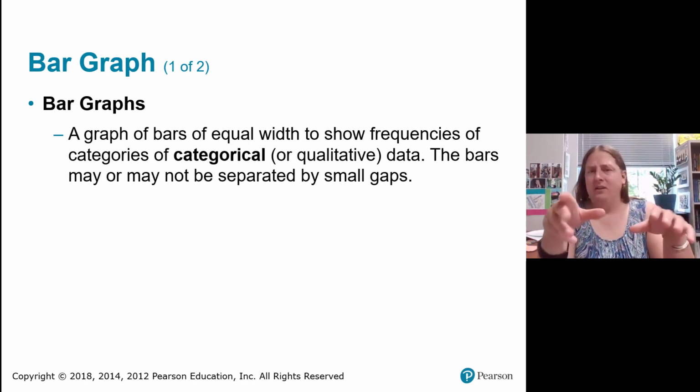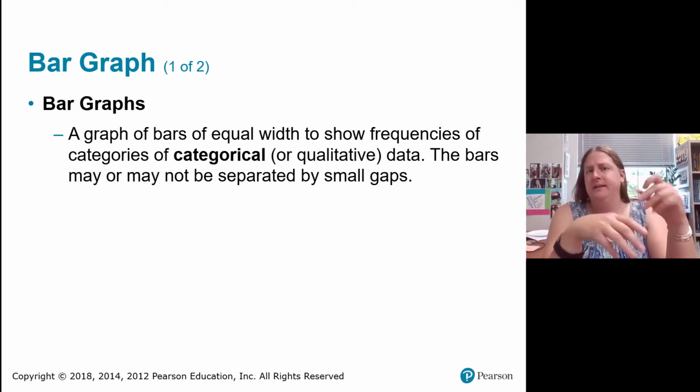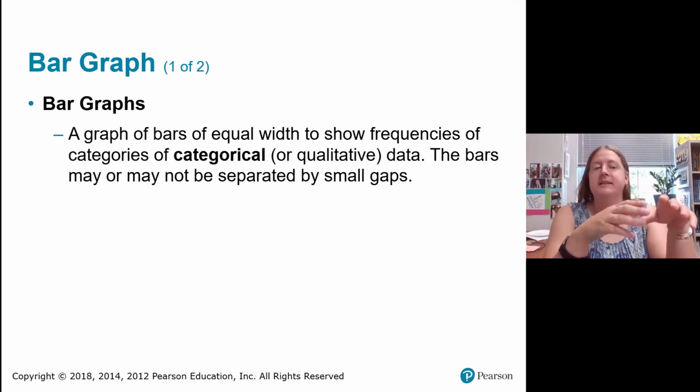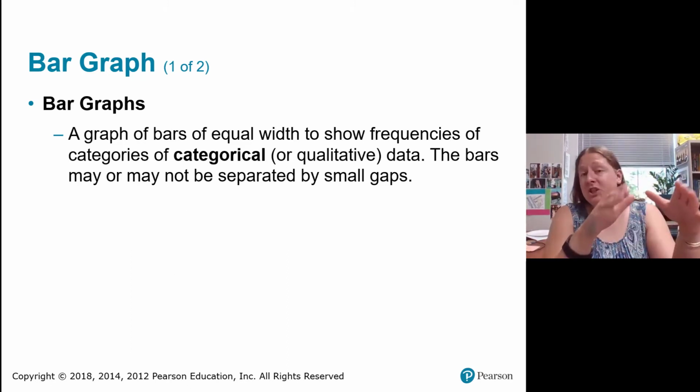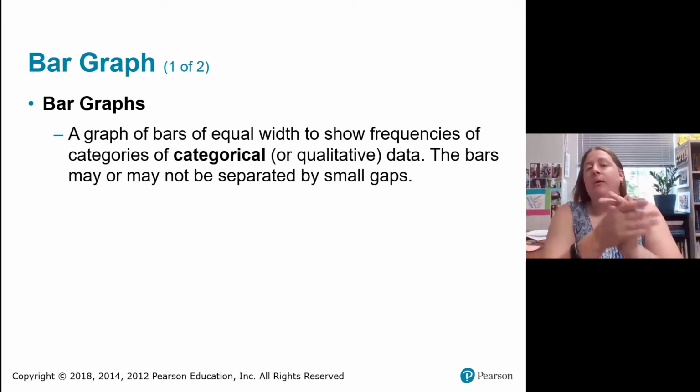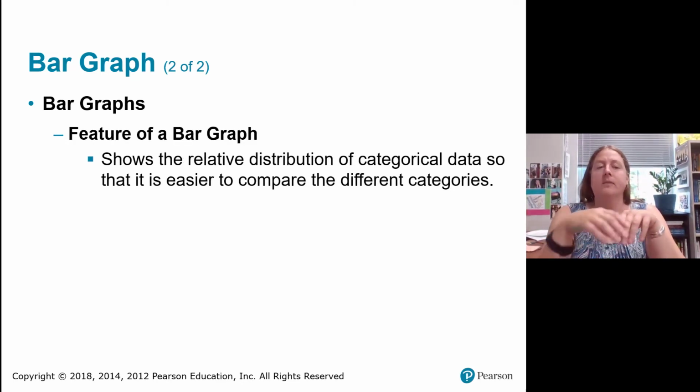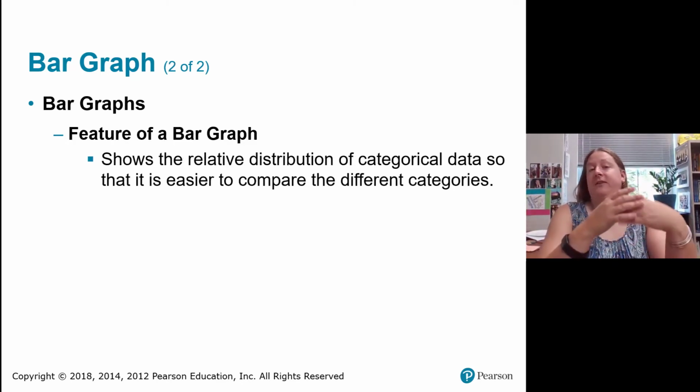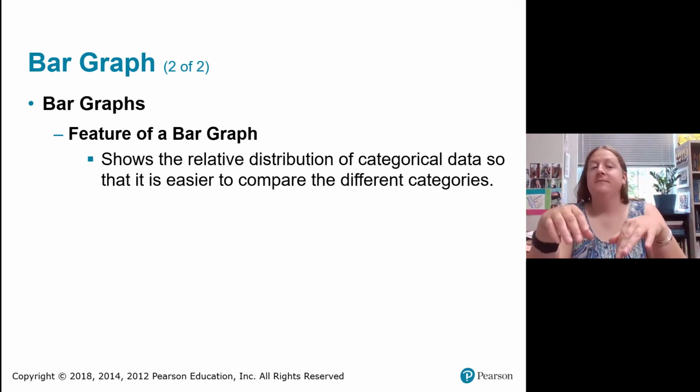And so they are creating these categories by making those classes that a bar graph uses for qualitative data. Generally with bar graphs, you'll see a gap between the bars. However, that's not always the case. A bar graph shows us the relative distribution of categorical data. So it's really easy for us to compare between categories.